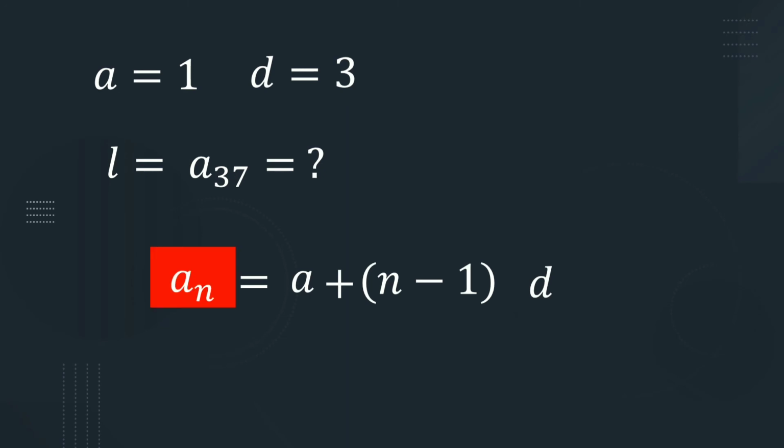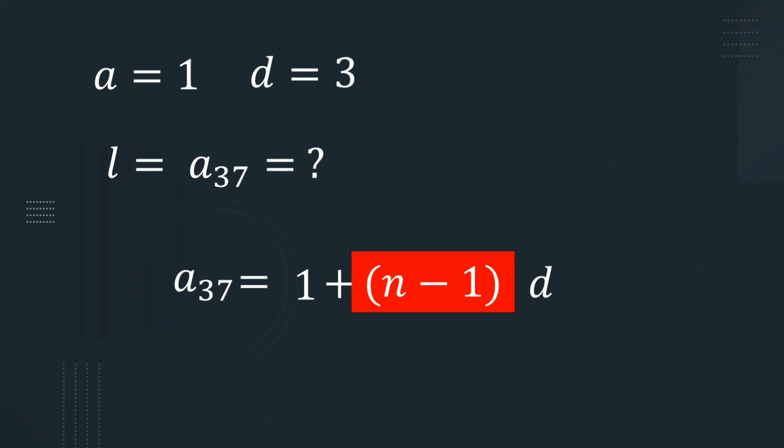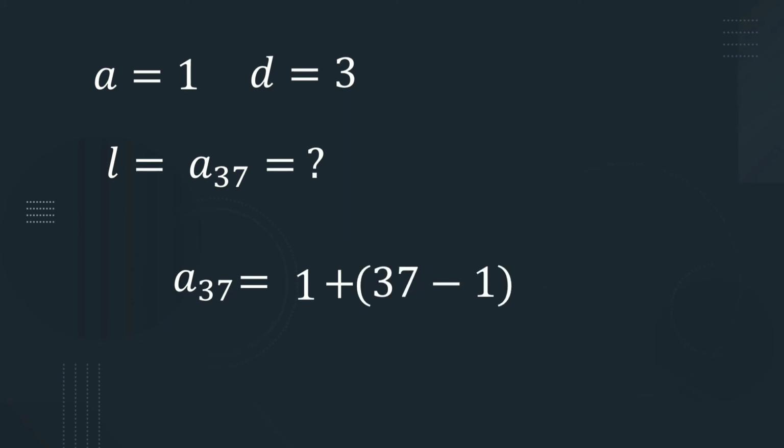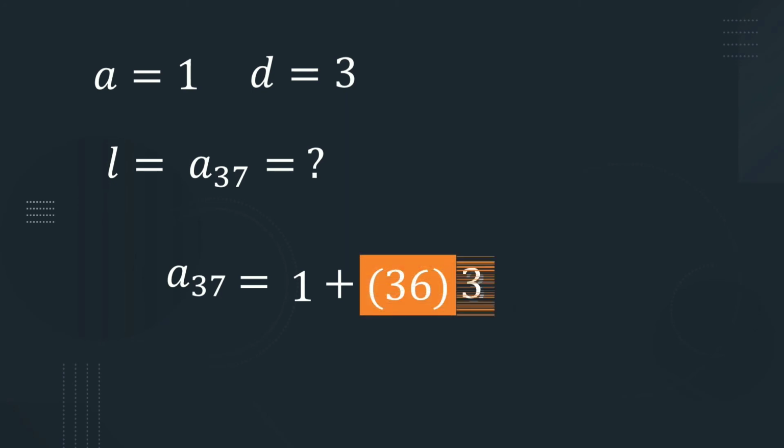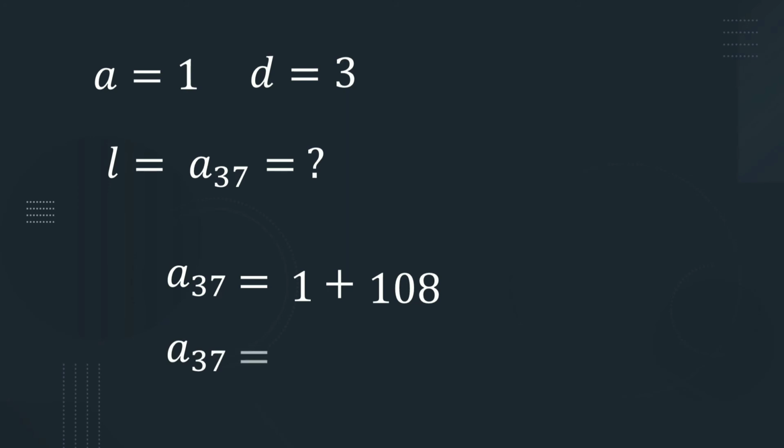Instead of a37: a is 1, n minus 1 is 37 minus 1, that is 36, into d, 3. 36 into 3, that is equal to 108. So a37 is 1 plus 108, that is equal to 109. That is the answer here.